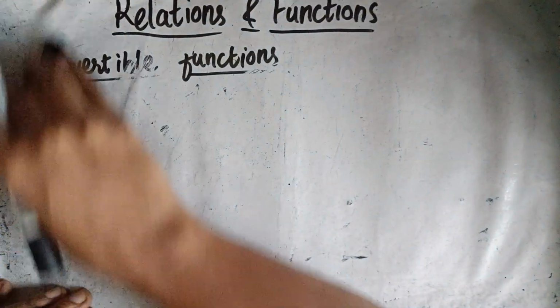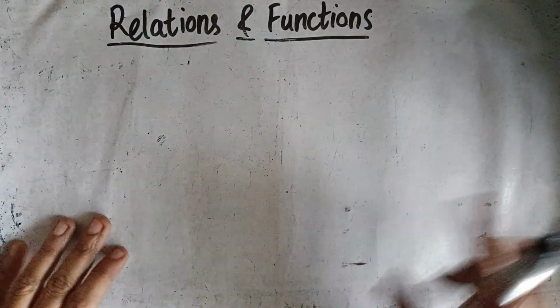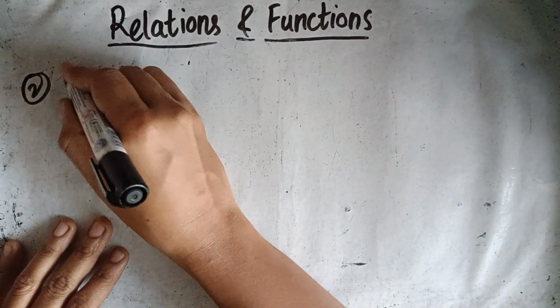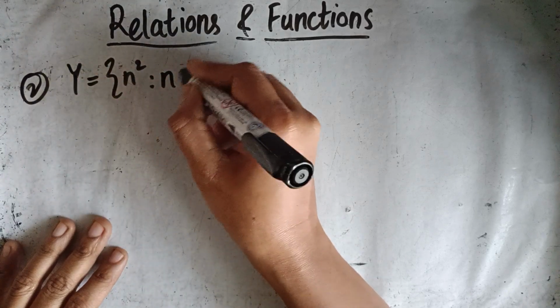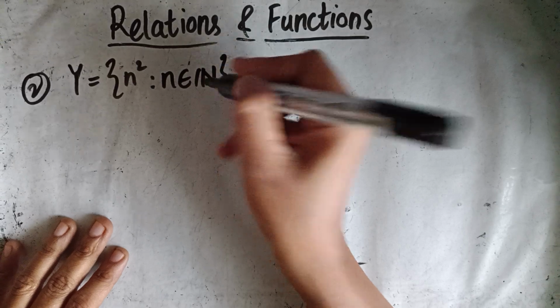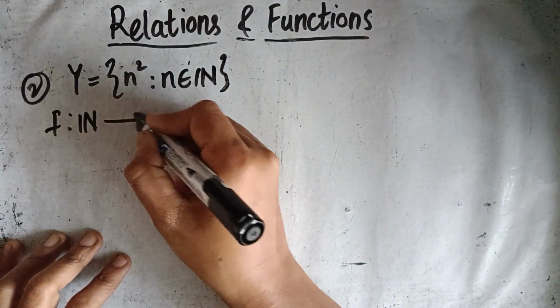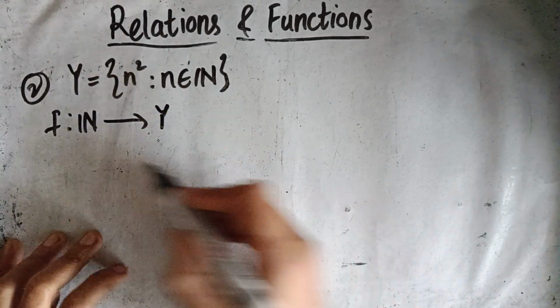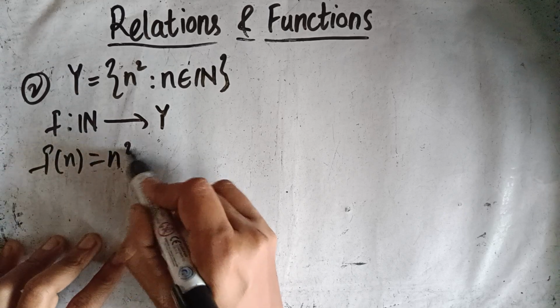Next question. Let Y be the set of n square, n belonging to the set of natural numbers. The function is from N to Y given by f of n equal to n square.